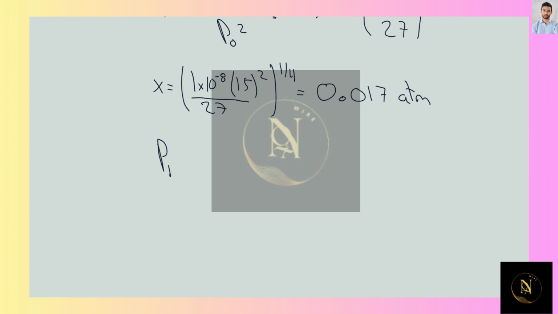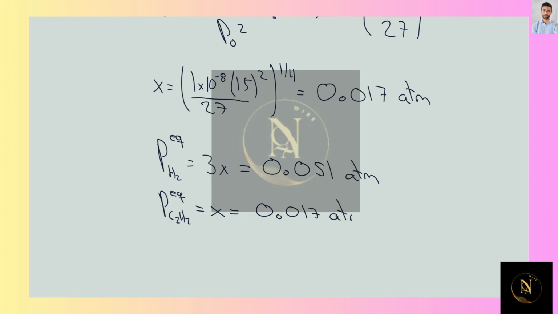So the pressure of hydrogen at equilibrium is equal to 3 times x, which means 0.051 atmospheres. Next, the pressure of C2H2 at equilibrium is equal to x, which is 0.017 atmospheres.